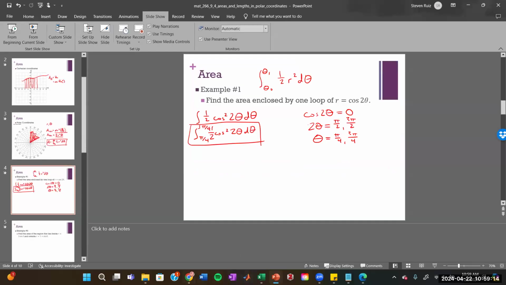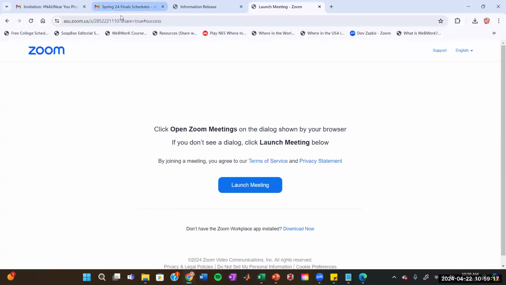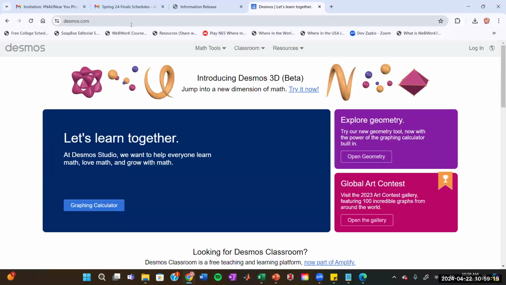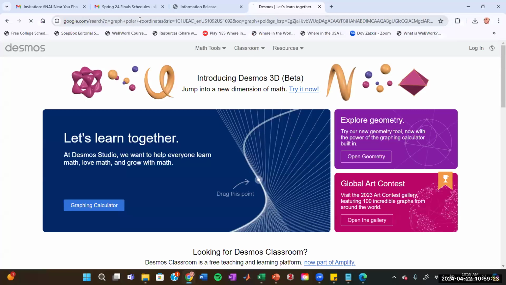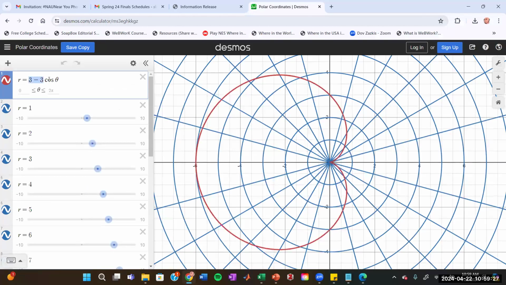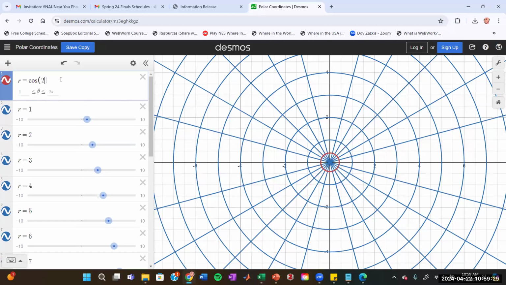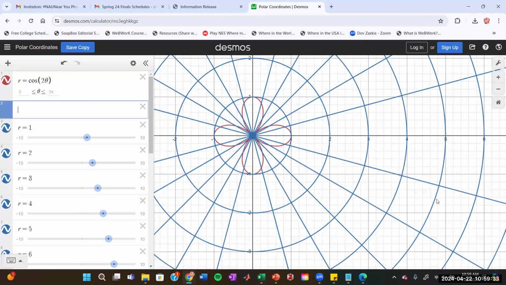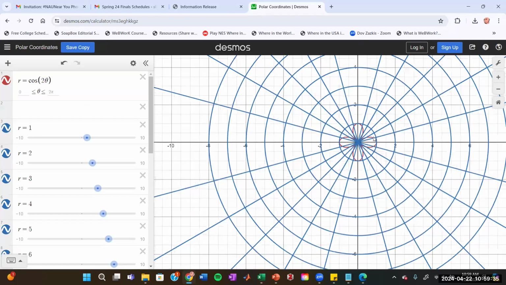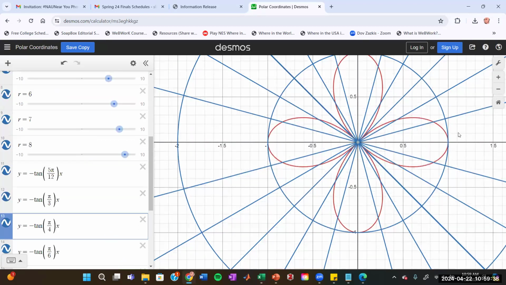So we only have a minute left. Let's leave the setup of the integral. What do we say it was? Cosine 2 theta. Okay, so it's this rose.